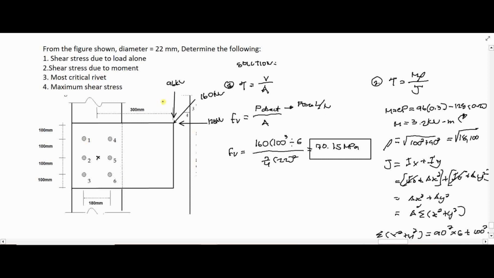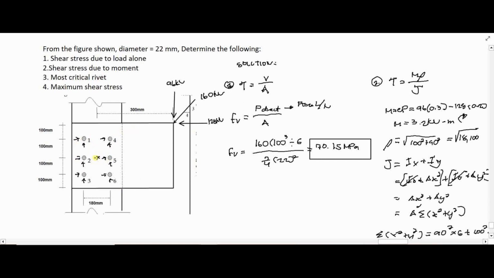Due to the direct load 96 and 128, these 6 bolts will have a reaction like this one, opposite. Okay, that will be their reaction to the right. And due to torsion, these 6 bolts will resist.